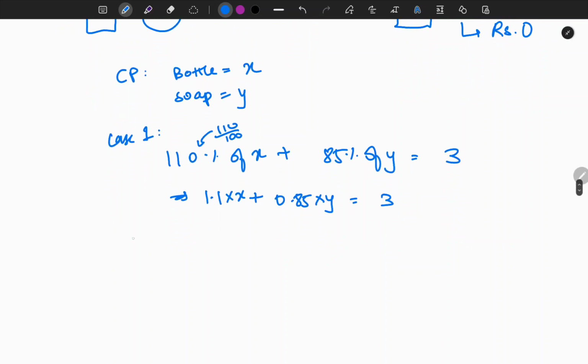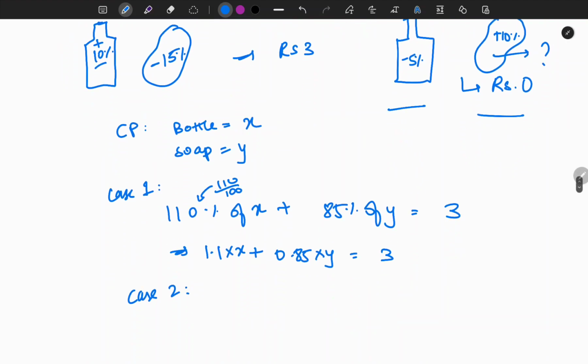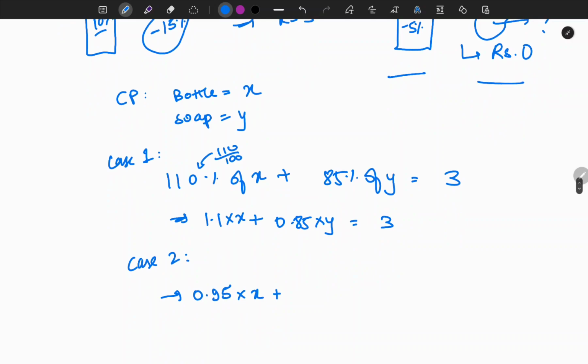Okay. Case 2, we have a 5% loss and a 10% profit. Similarly, it would be 0.95 into X, because 5% loss, and 10% profit, hence 1.1 into Y, and this is not equal to 0.